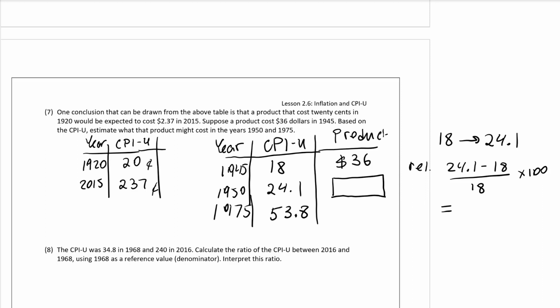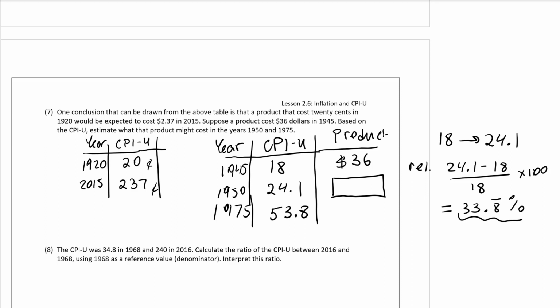I'm getting 33.8%, and it's repeating 8. I'm going to put a little hat on that. All right, so you know how you can interpret this percentage, and remember those words, okay, because I think that's the key to this lesson.